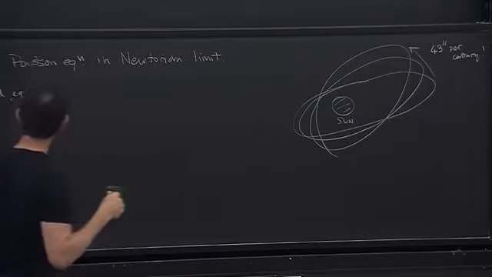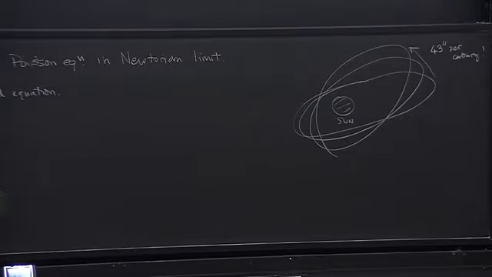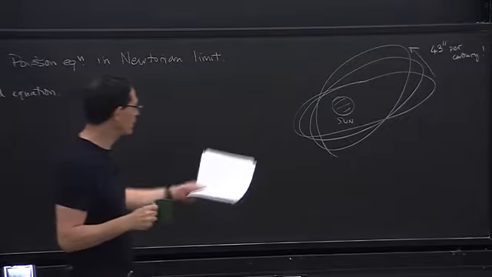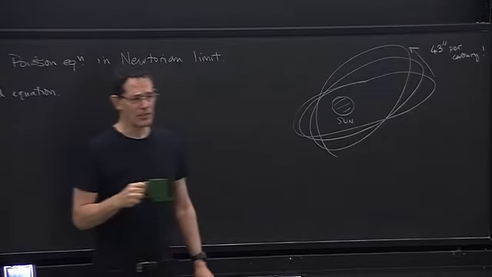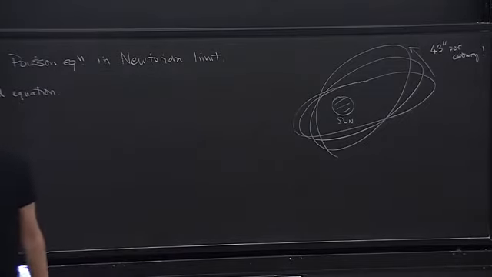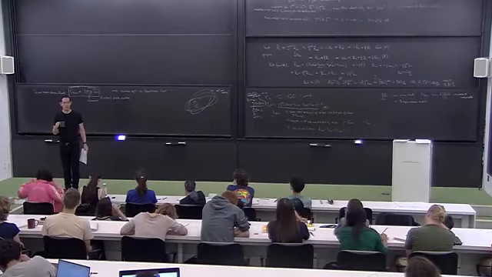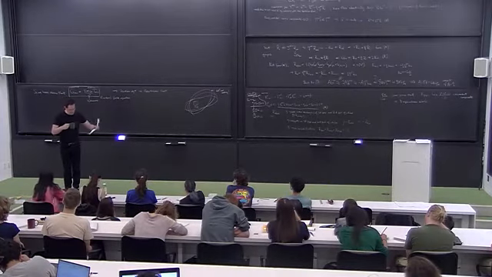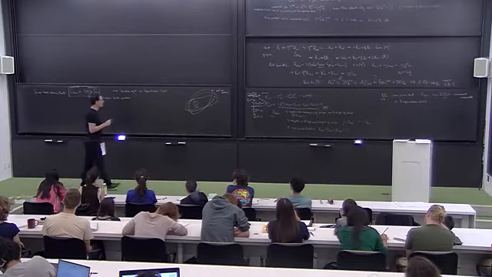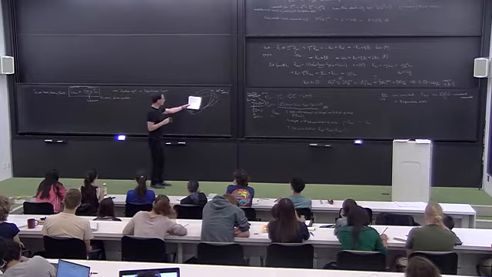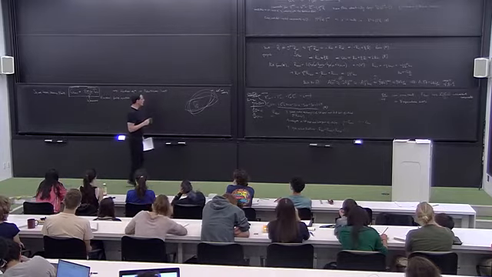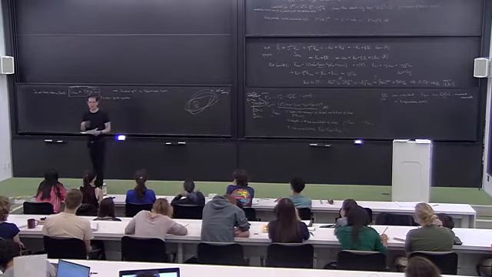And so what Einstein did is he worked out the field equations, he worked out the metric around a spherical mass. Actually, that was worked out by Schwarzschild, but Einstein knew it in the weak field limit, which is all you need. So he took the weak field limit of the metric. He solved the geodesic equation.